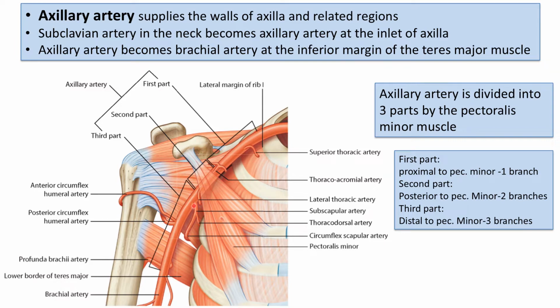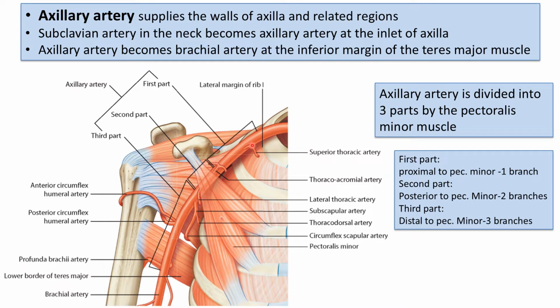For the purpose of description, the axillary artery itself is divided into three parts based on its relation with the pectoralis minor muscle. See, this is the pectoralis minor muscle. The part of the axillary artery which is proximal to the pectoralis minor muscle is considered the first part.